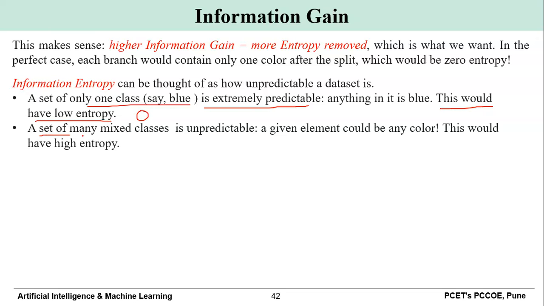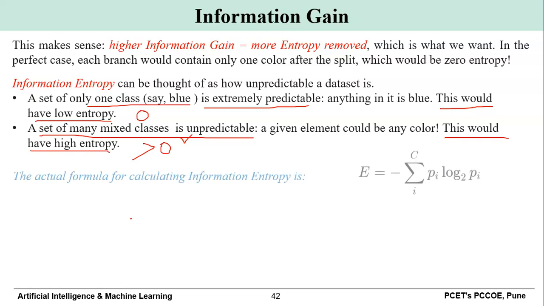Now, if there are a lot of varied data points, the prediction is very difficult because of the variation in the data, so this would have high entropy. It would definitely be greater than 0 and far away from 0.